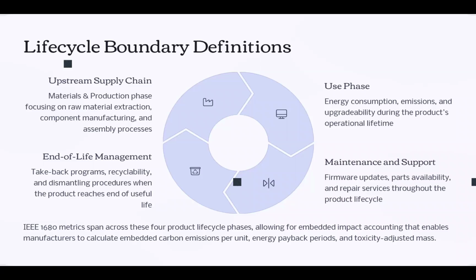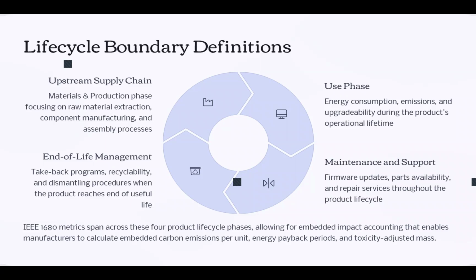It answers the question: can the product be repaired easily, are firmware updates available, or are spare parts accessible? And finally, there is end of life management. So does the manufacturer offer a take back program, or can the product be recycled or safely dismantled?